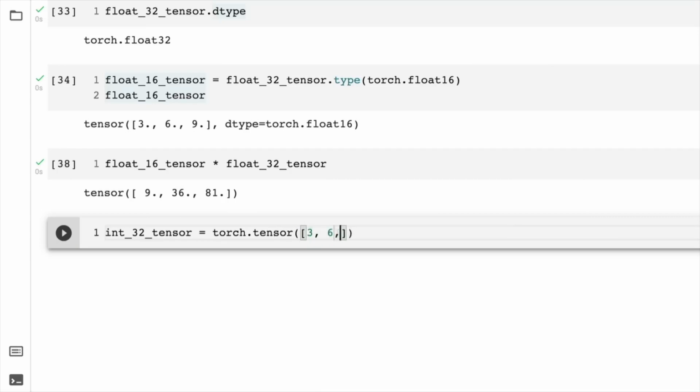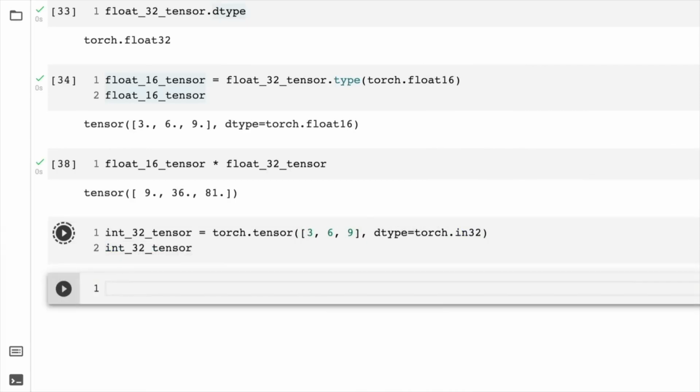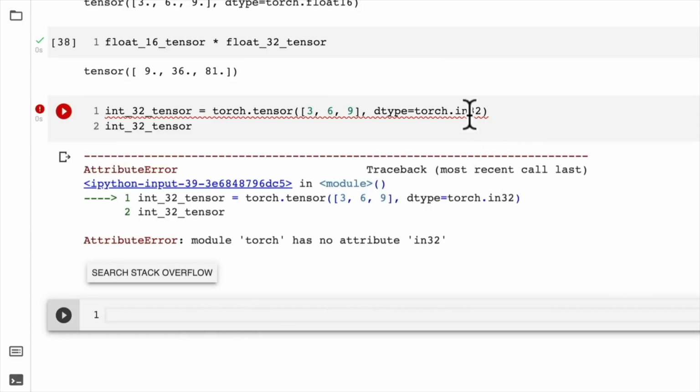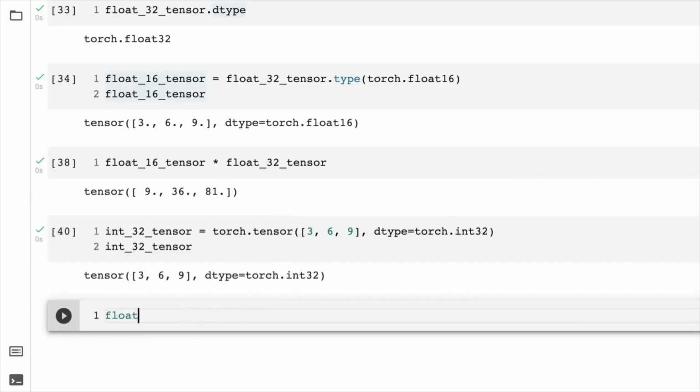Notice that there's no floats there, or no dot points to make it a float. 3, 6, 9, and dtype can be torch.int32. And then int32 tensor, what does this look like? Typo, of course, one of many. Int32 tensor. So now let's go float 32 tensor and see what happens. Can we get PyTorch to throw an error?